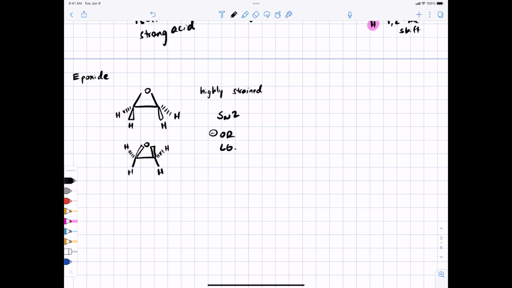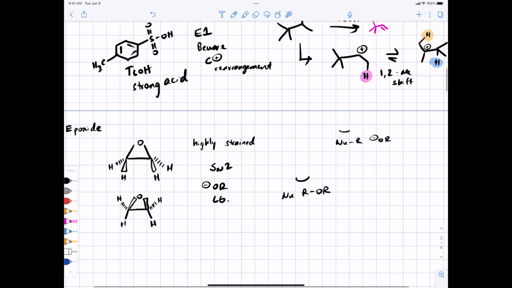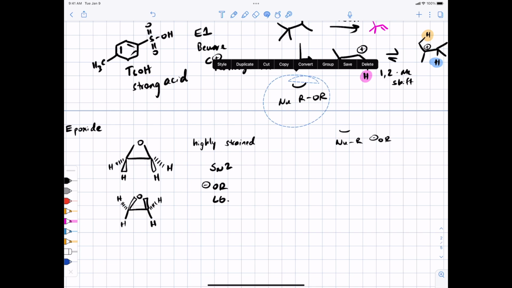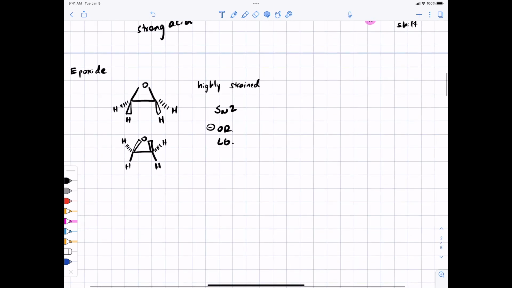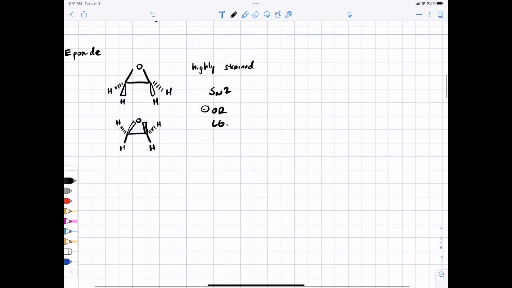In other words, for a regular alcohol or an ether, it's tough to take a nucleophile and make the OR minus be a leaving group. If you take the starting material and make it highly strained, suddenly it becomes thermodynamically favorable. So for the epoxide, it's going to be totally fine for the negatively charged oxygen to leave.